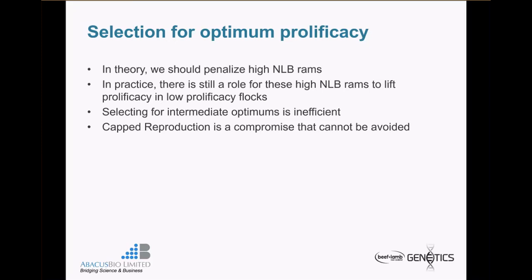So what we'd be doing if we penalise the high NLB and the low NLB, we'd be using up selection pressure but not shifting the population anywhere useful. So that is inefficient. So it's the other reason why we avoid having a penalty on the very high number of lambs born rams. So effectively this CAP reproduction is a compromise that cannot be avoided.